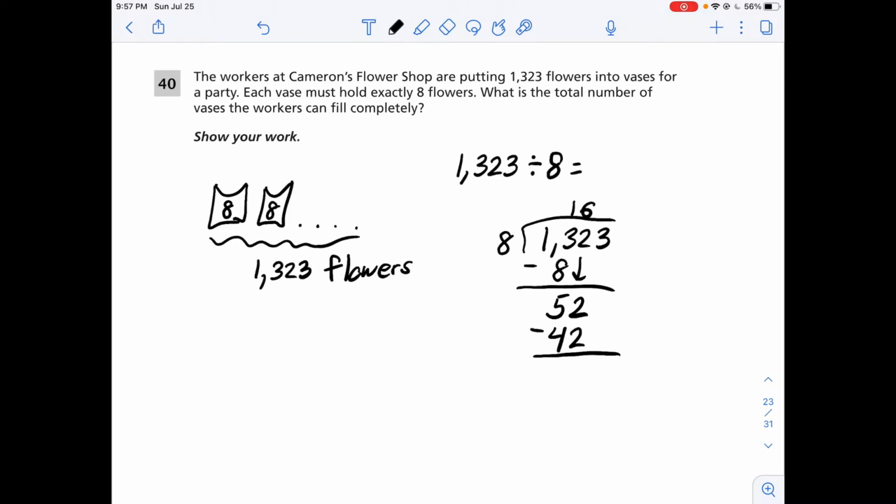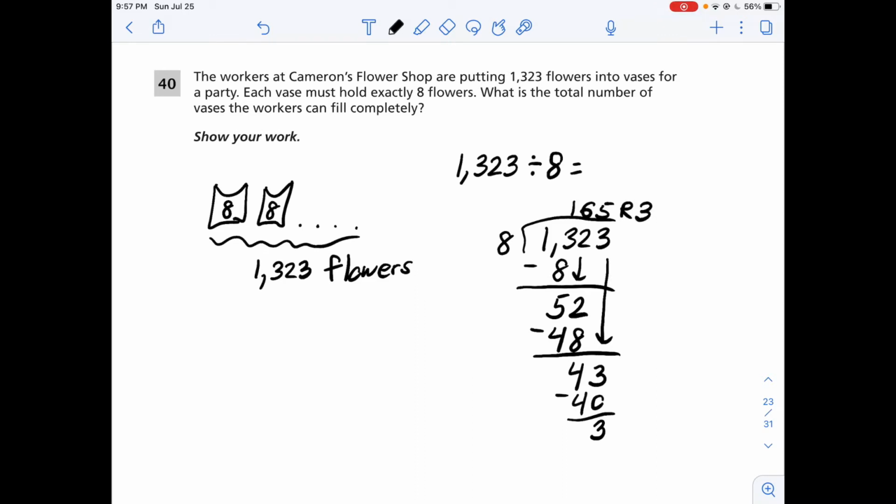Whoops, I made a mistake here. 8 times 6 is not 42. 8 times 6 is 48. Okay, and 52 minus 48 is 4. We bring down the 3. Okay. 8 goes into 43 5 times, and 8 times 5 is 40. So we have 165, remainder 3.